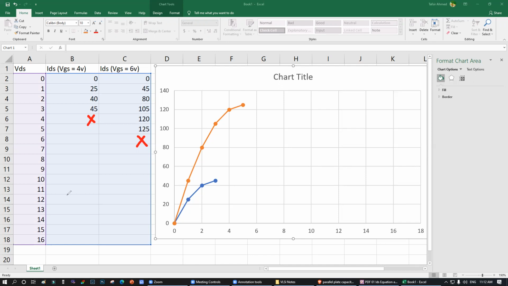Let's see. When your VDS is less than VGS minus VT, the equation was valid. See here, your VGS is 4, your VT was 1.